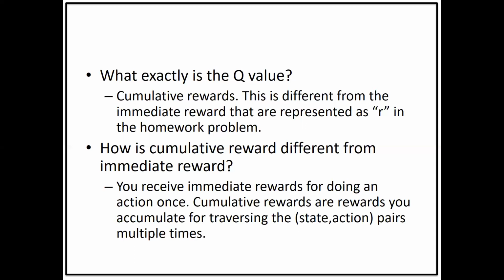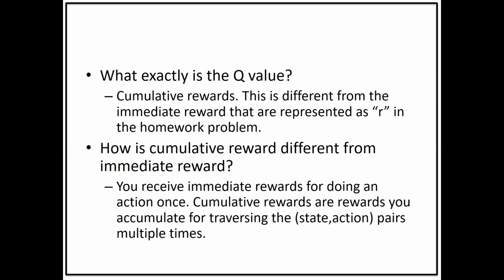I will show what exactly a cumulative reward and an immediate reward is in a short bit, but this would be the definition or a textbook answer of what a Q value is. And the next question is, how is cumulative reward different from immediate reward?